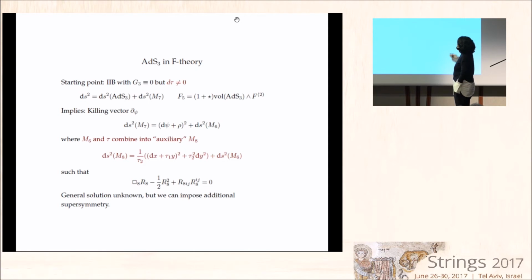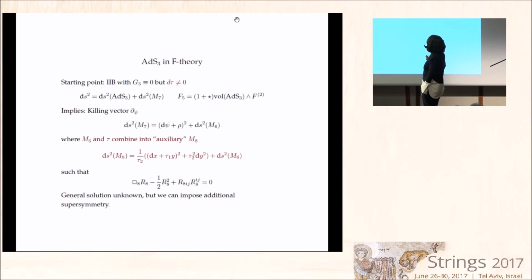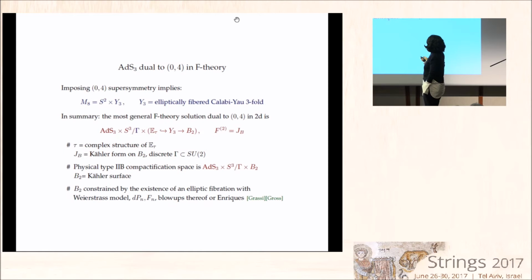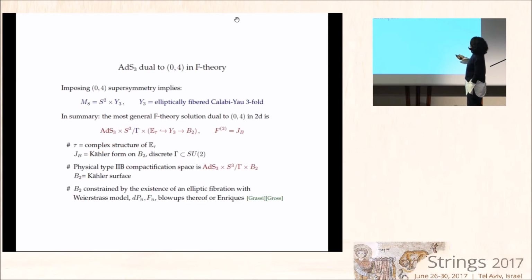That looks very complicated, and we can't really solve it directly. So far, we have only imposed that we preserve (0,2) supersymmetry. If we ask for (0,4), which is the supersymmetry for the Calabi-Yau 3 case, we see that M8, this auxiliary manifold, has to be an S2 times an elliptic Calabi-Yau threefold, some Ricci flat manifold Y3, and then the total space becomes the circle fibration fibered over the S2, giving an S3 times this elliptic Calabi-Yau.